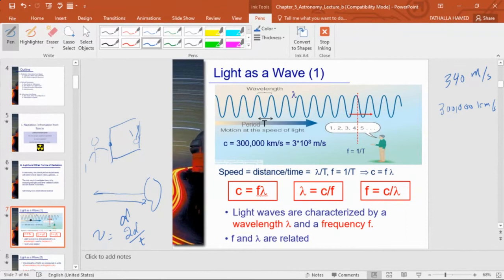Later on, the speed of light was measured by different scientists in France and in England, and it came to be very close to 300,000 kilometers per second. That's the speed of light in air or in vacuum.